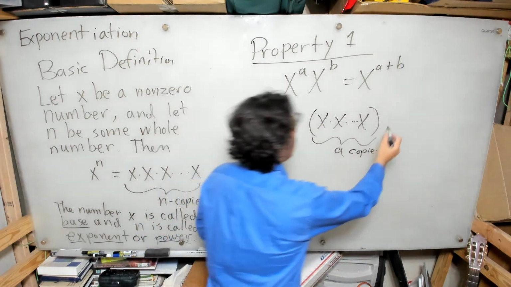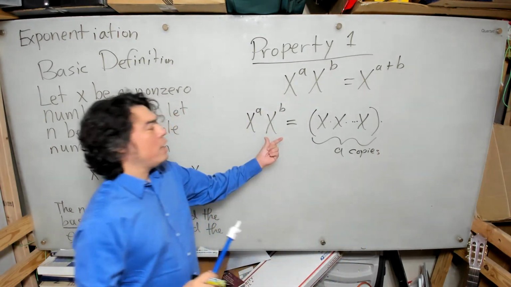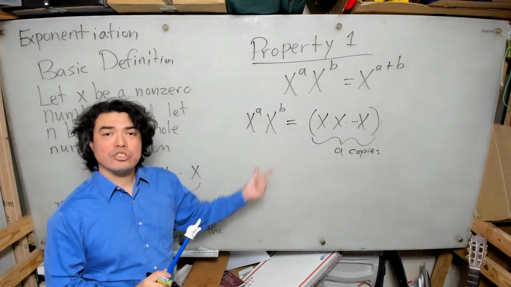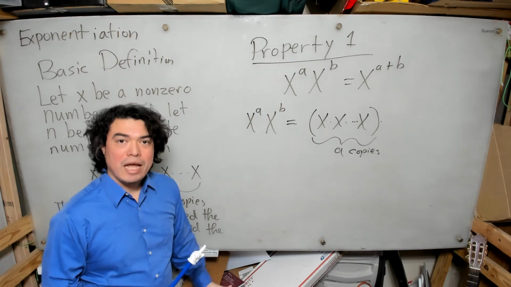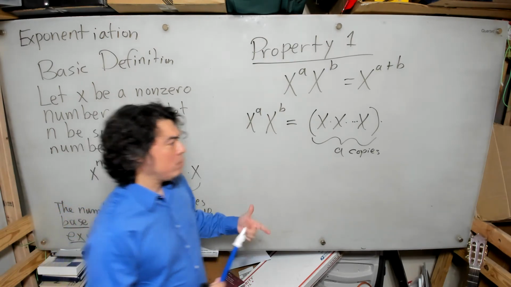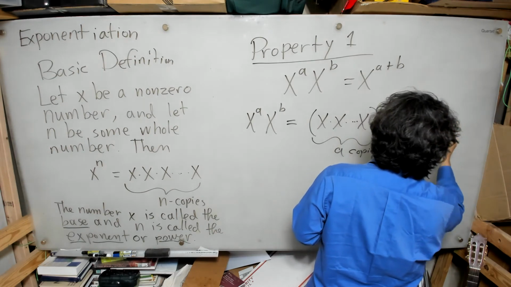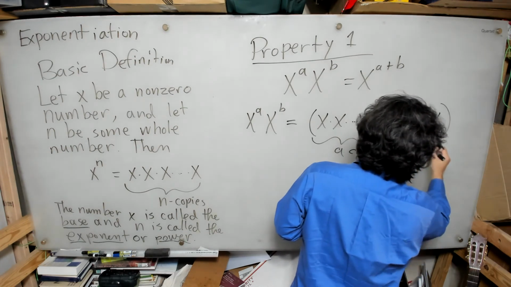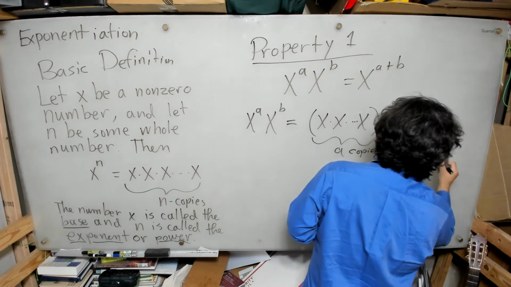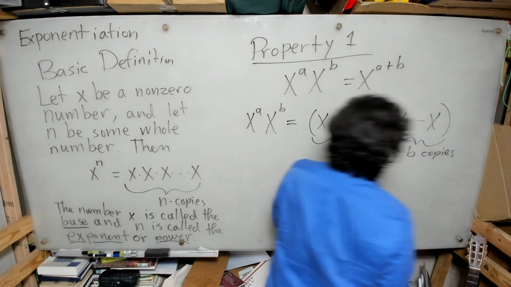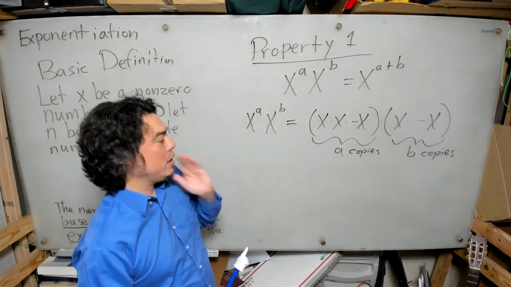And then I'm going to put my multiplication sign. Now what is this x to the b? This x to the b can be replaced by b copies of x being multiplied.